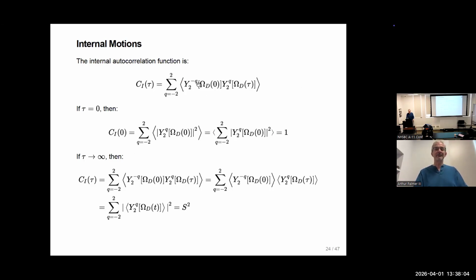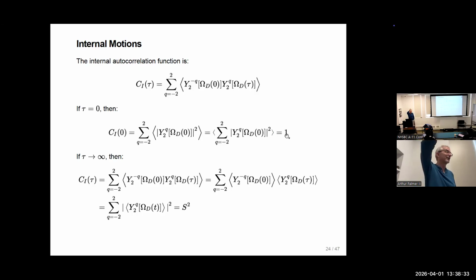Then the autocorrelation function for the internal motions is just an autocorrelation function for the spherical harmonics for the internal motion in the molecular frame. If tau is 0, then by the addition theorem of the normalization of the spherical harmonics, that's going to be equal to 1.